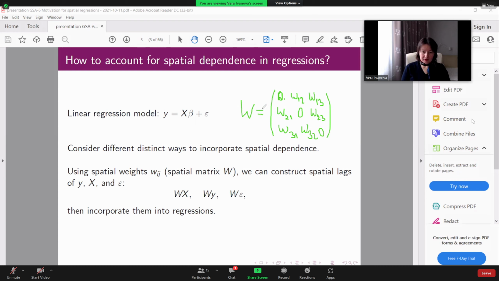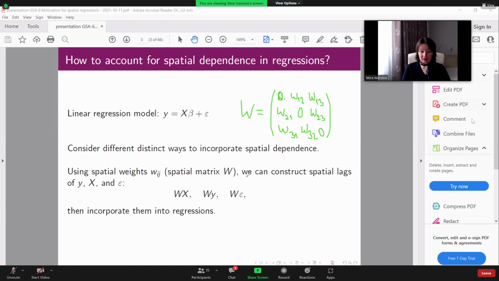And we can construct spatial weights for them, indicating that the strength or the intensity of interaction between the first and the second regions is W12. Сила пространственного взаимодействия регионов описывается весами.